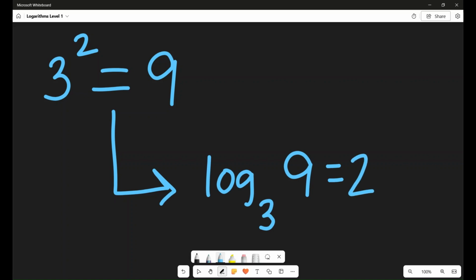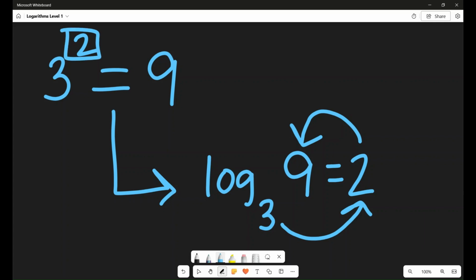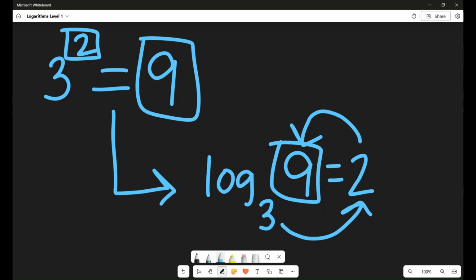So when we see this log form, we have 3 to the power of 2 is equal to 9. And that's why it's the reverse of exponents, right? Because here, 2 is our x value and 9 is our y value. But here, our input is 9. So 9 is actually our x value here, and 2 is our y value, which is why these are inverse functions, right?